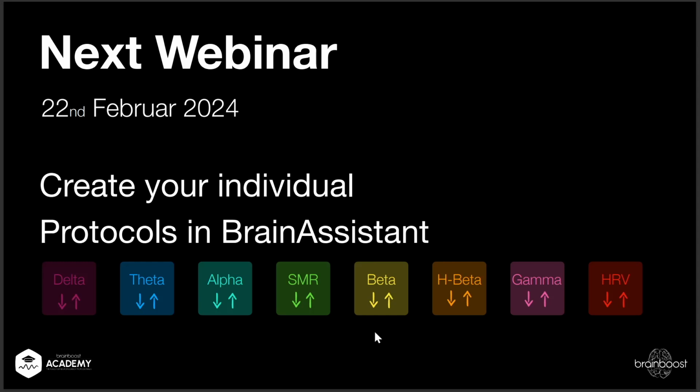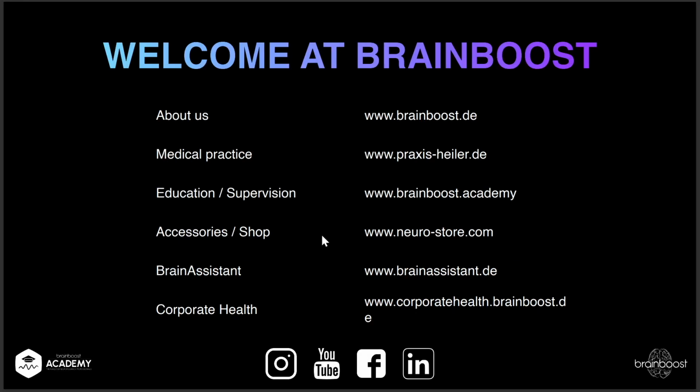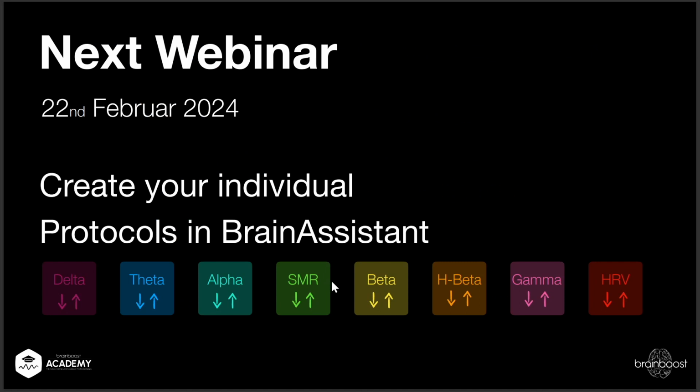Now questions. First question: where can we find past recordings? You can go on YouTube, and here it even says YouTube, a link. You can Google YouTube BrainBoost Neurofeedback, and there should be even a playlist that says Academy or something, or you can type in YouTube BrainBoost webinars, and then they're named after a month and year.